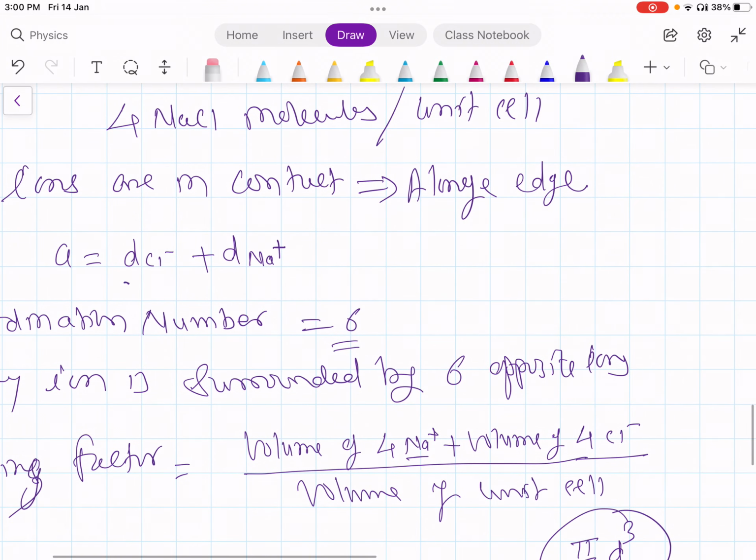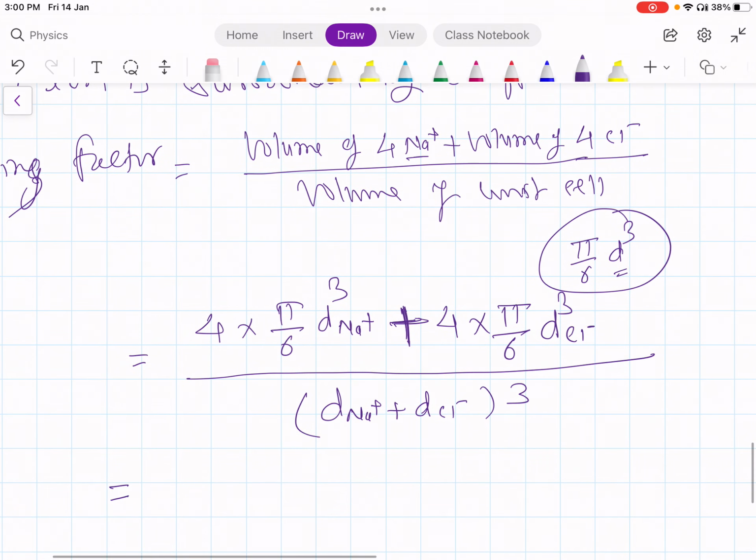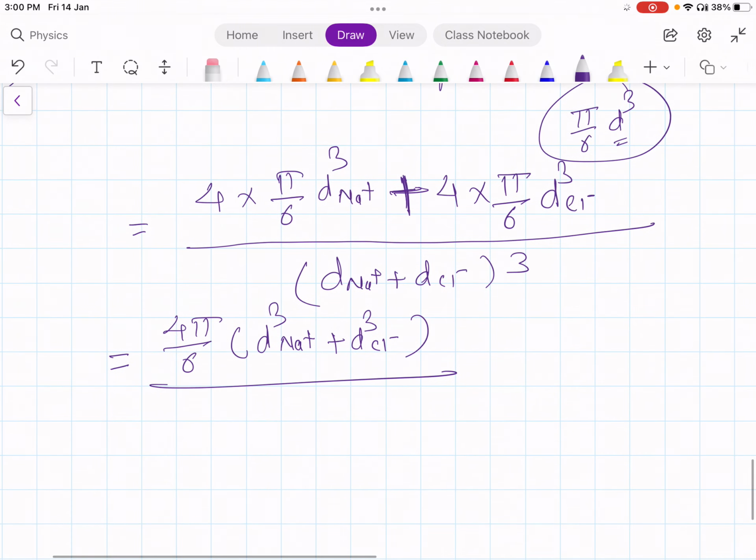We know the value of A, so divided by diameter of sodium plus diameter of chlorine, cubed. This we can simplify further by taking 4 pi by 6 common. Then in the bracket there is diameter cube of sodium plus diameter cube of chlorine ion, divided by diameter of sodium plus diameter of chlorine, cubed. This is the packing factor.